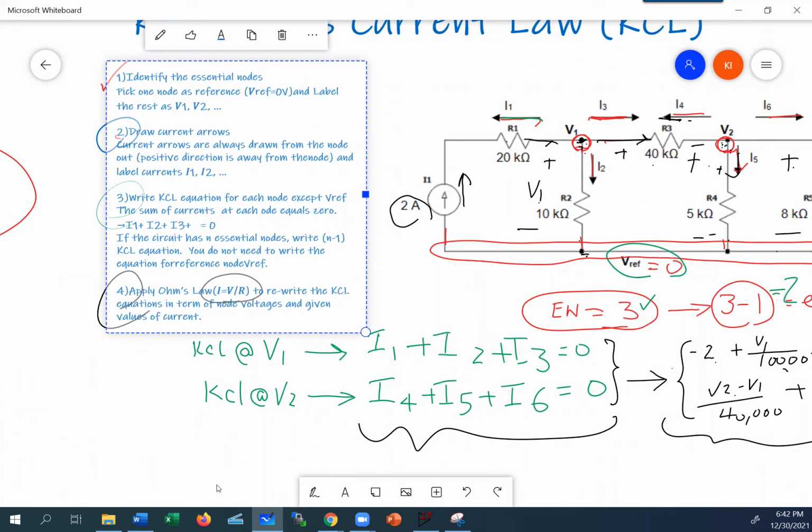So let's do that. I have another circuit here, which I wanted to show you.